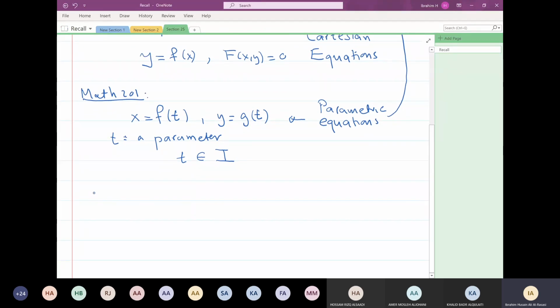The main question is the following. Just let me write the main question as an example. We give you parametric equations. For example, x equals 3t. This is the example we mentioned last time, and y equals 18t squared. And we say t is between minus infinity and infinity.